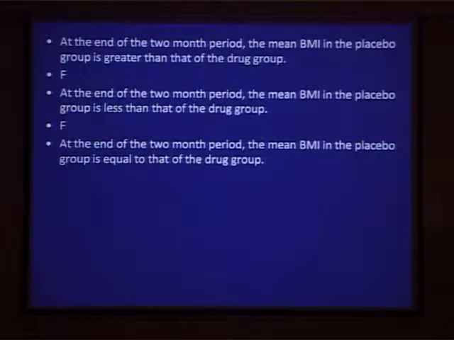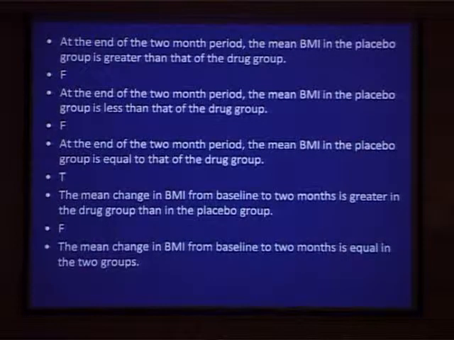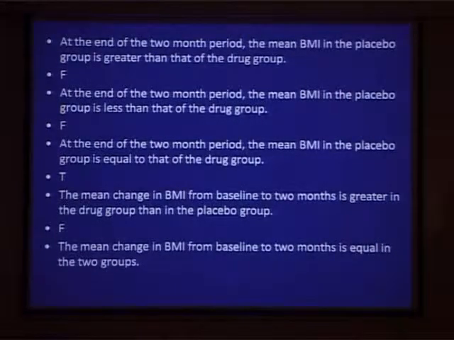True. The mean change in BMI from baseline to 2 months is greater in the drug group as compared to the placebo. The mean change in BMI from baseline to 2 months is equal. Right? So that is your null hypothesis.